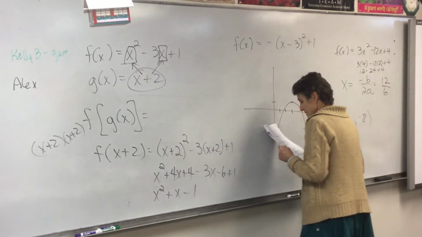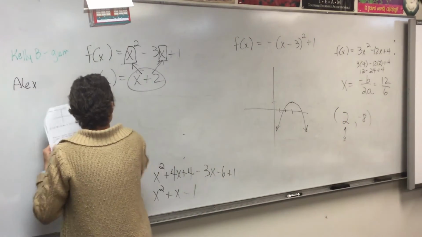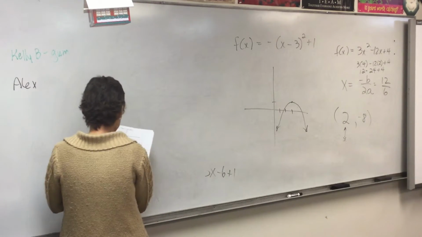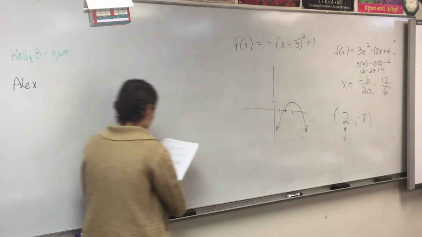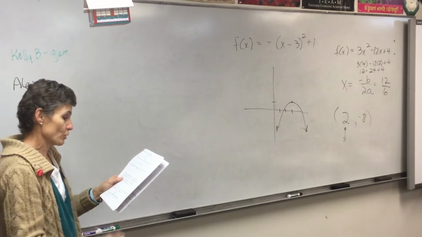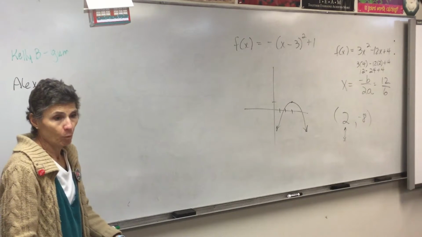13 says, write the equation of the x squared parabola that has been shifted to the left, stretched vertically by a factor of 3, and shifted up 1.